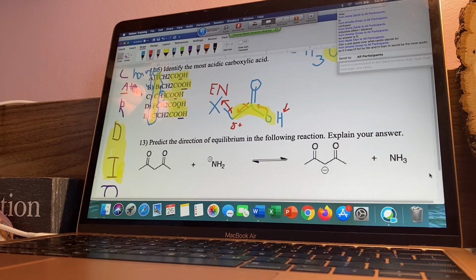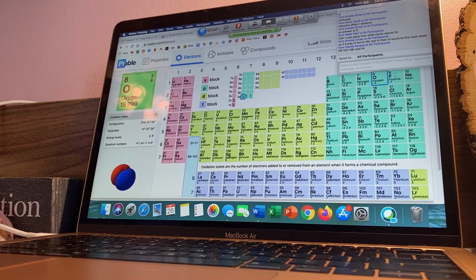Everyone look at the chat, you see HF, HCl, HBr, and HI. Notice how now, since we're talking about the halogen being the atom, it's not the dipole induction part. Now we're going to be talking about size. Does that make sense? Because now we're talking about these atoms over here as being your atom.